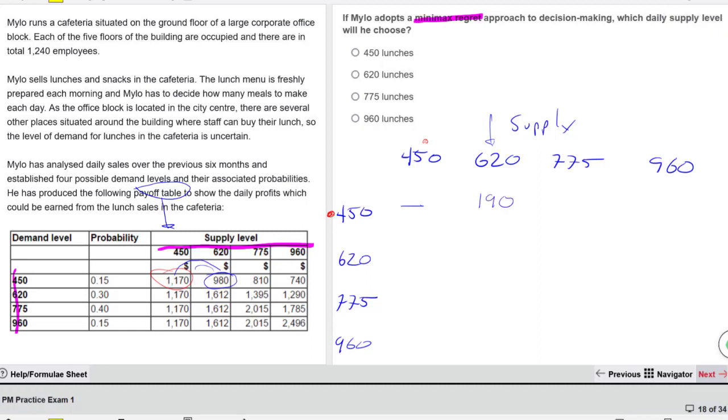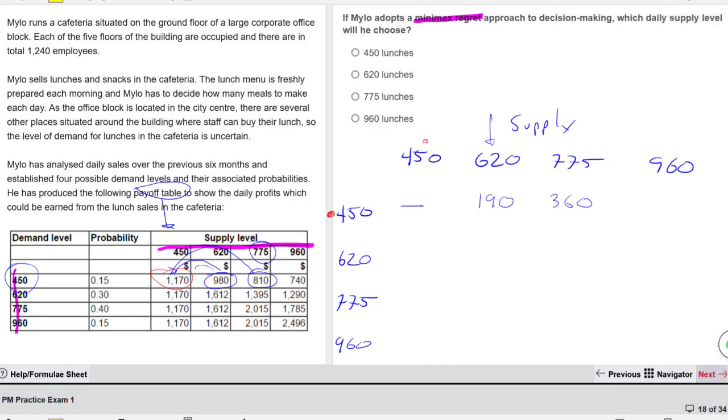Now I do the same thing. If demand is 450 and I produce and sell the 775, I only earn 810. I could have earned 1170 had I produced 450. So I made the wrong decision, and my opportunity cost from that course of action is the difference of those figures, which is the 360.